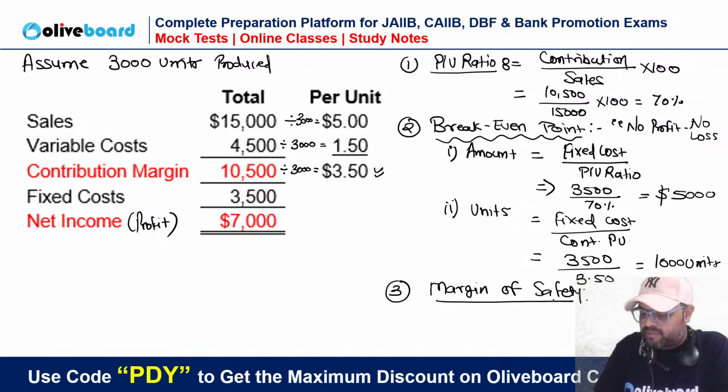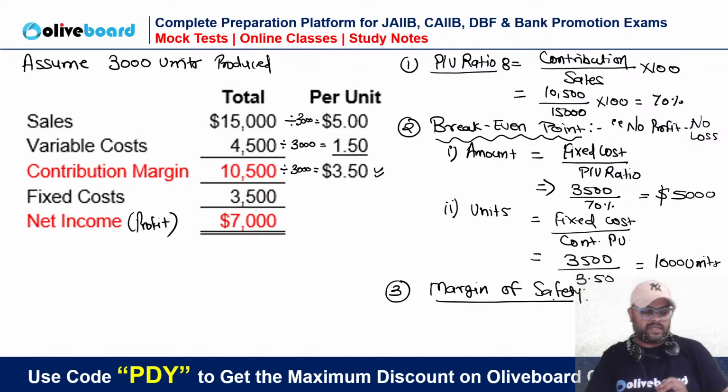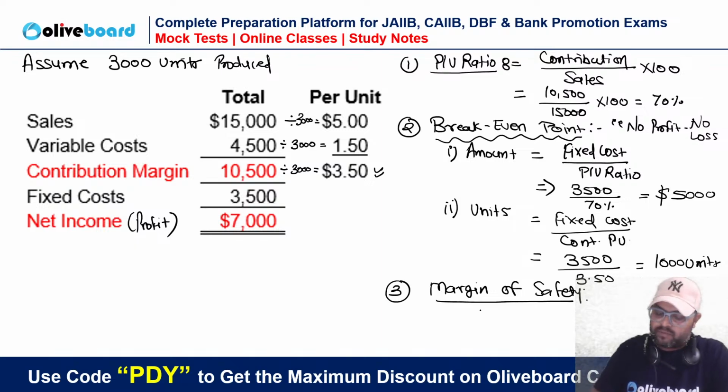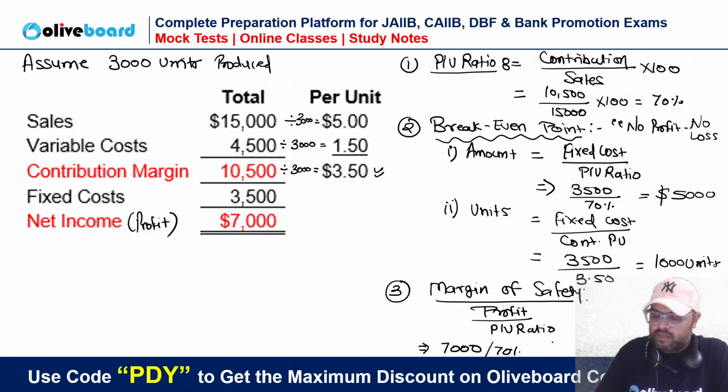See, a very small income statement and three basic calculations based on that. The formula is again very simple. That is, whatever net income or profit you have earned divided by PV ratio. So your profit was $7,000 divided by 70% PV ratio.